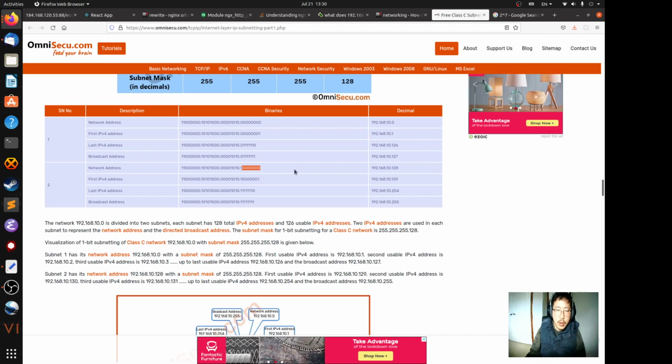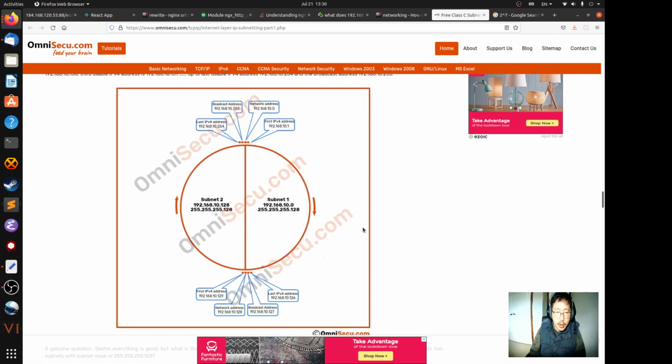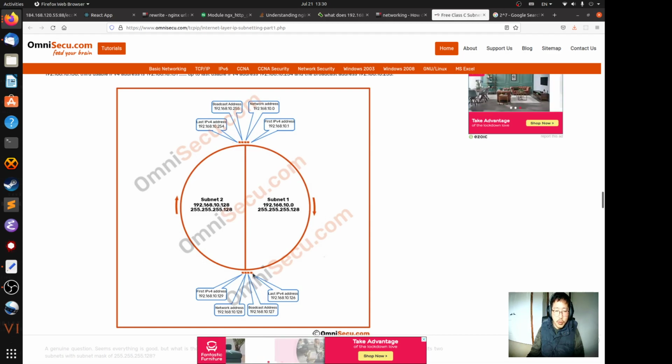So they all have different use cases, I guess. Each subnet has 128 and 126 usable because of minus 2. For the first subnet, we got the network address, usable IPs, and the broadcast address. The second subnet also has a network address, usable IPs, and broadcast address.